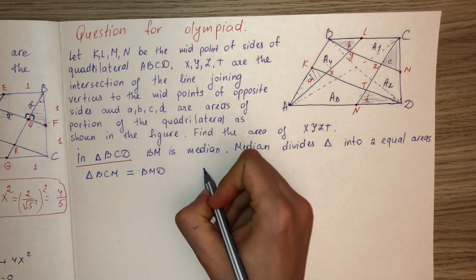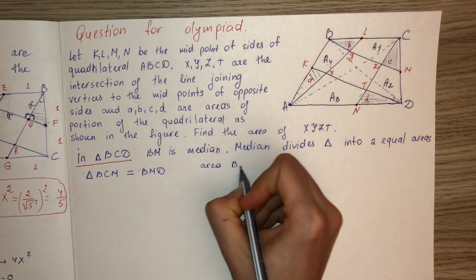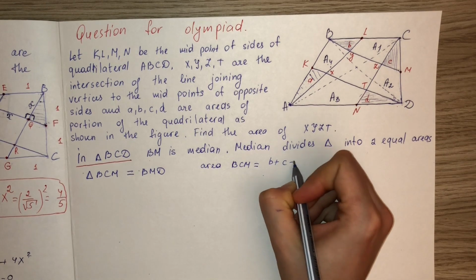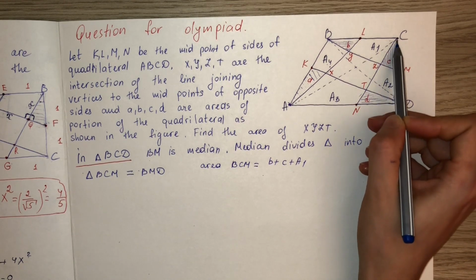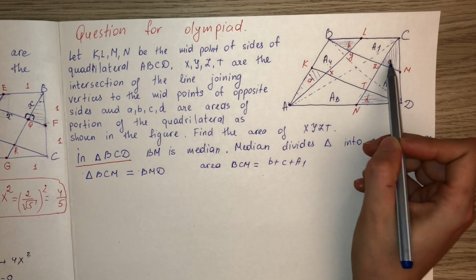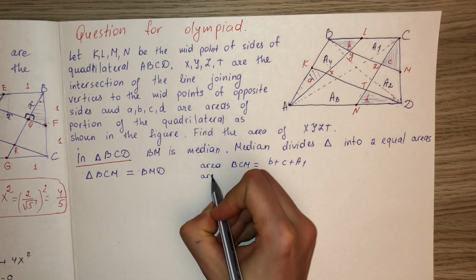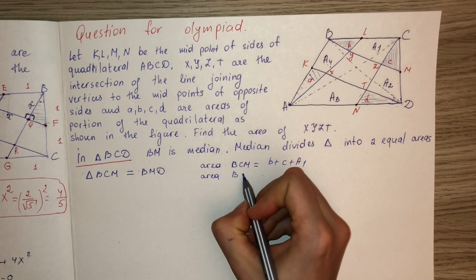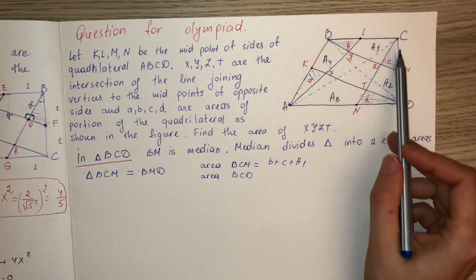Yes? And here the area of BCM is equal to B plus C plus A1. Look at this triangle. The area is equal to B plus A1 plus C. And the area of BCD, where is BCD?